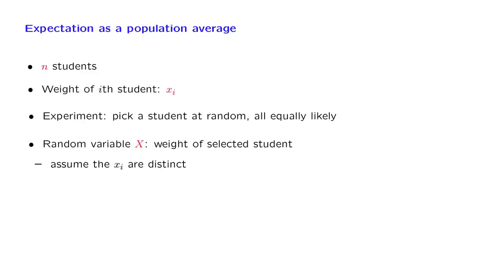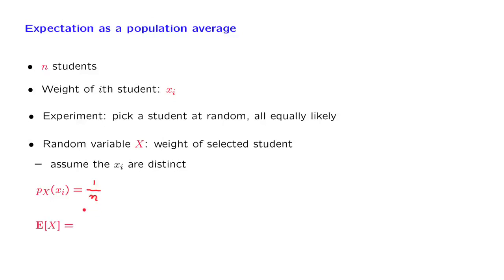To keep things simple, we will assume that the xi's are all distinct. And we first find the PMF of this random variable. Any particular xi that is possible is associated to exactly one student because we assumed that the xi's are distinct. So this probability would be the probability of selecting the ith student, and that probability is 1 over n.